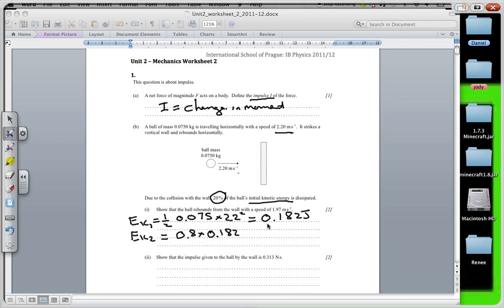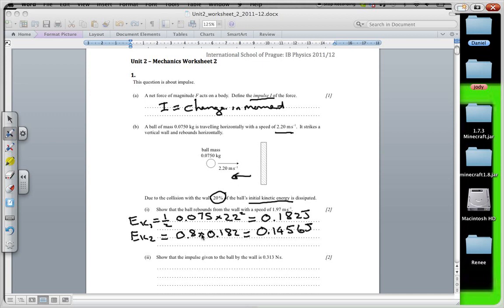So 0.182 times 0.8 is equal to 0.1456 joules. Now that's the kinetic energy of the rebound.